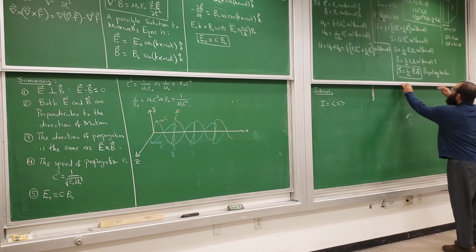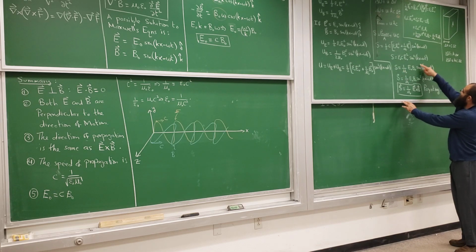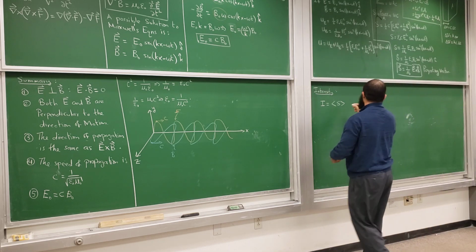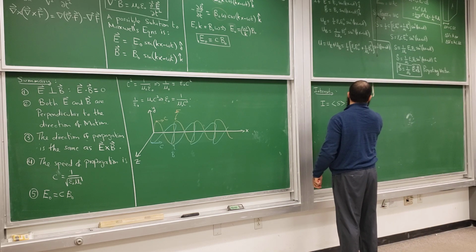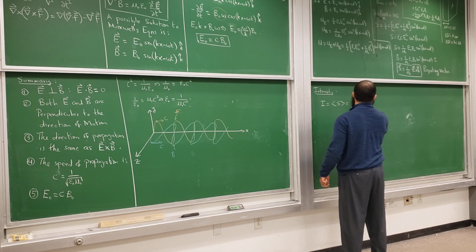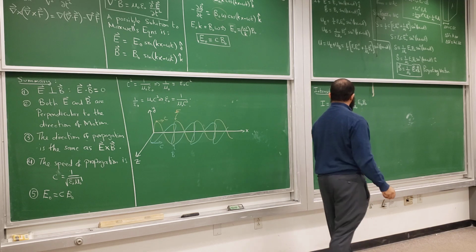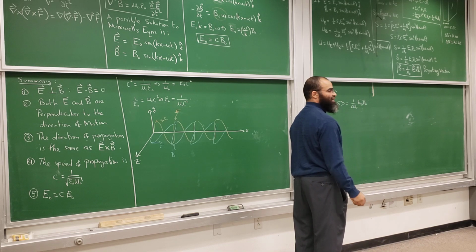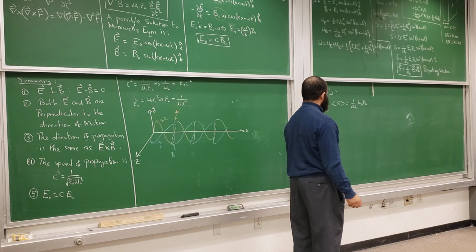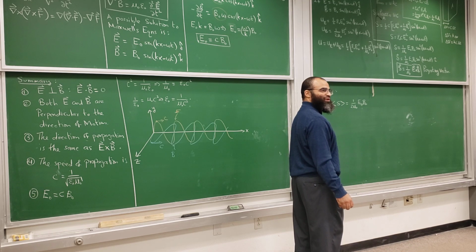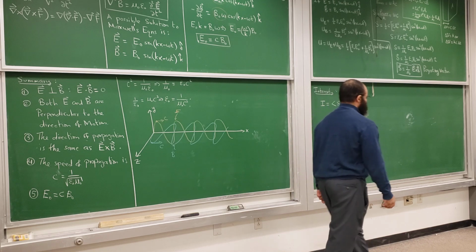So the average of sine squared is a half, the rest is a constant, so it will just be 1 over 2 mu naught E naught B naught. That's the intensity. Okay, after all this work, we got the intensity now.